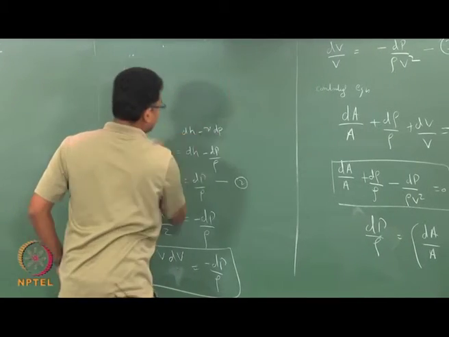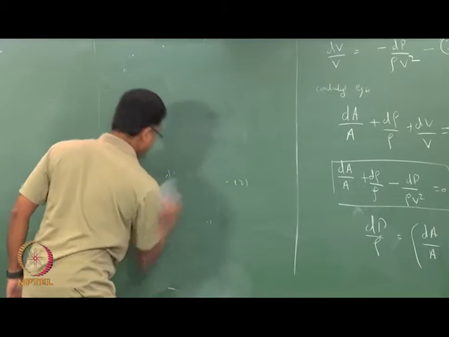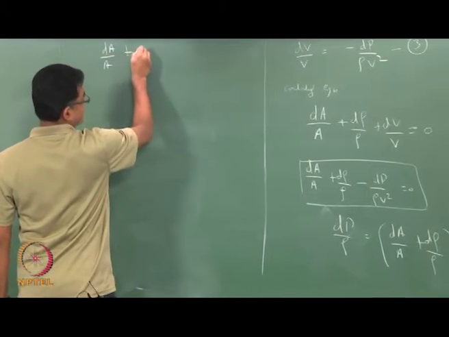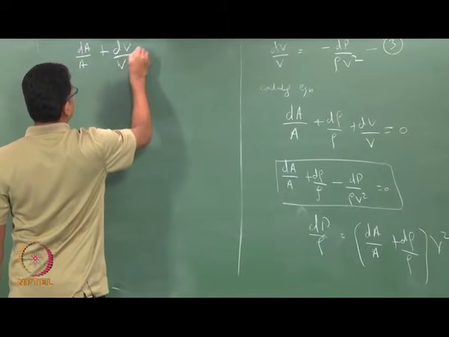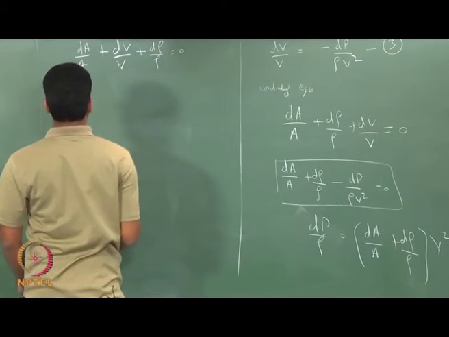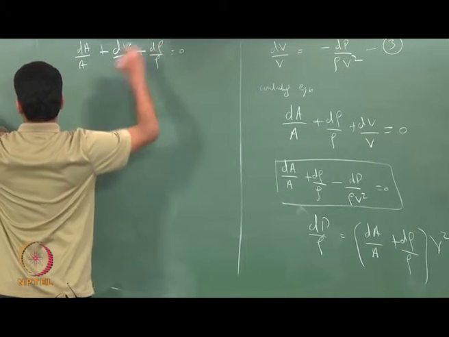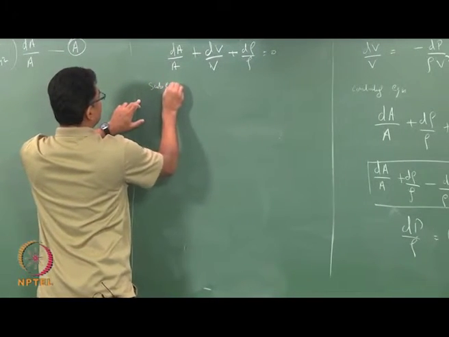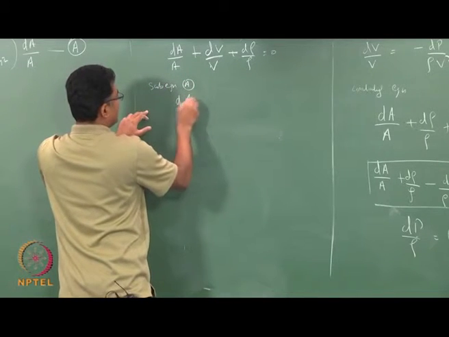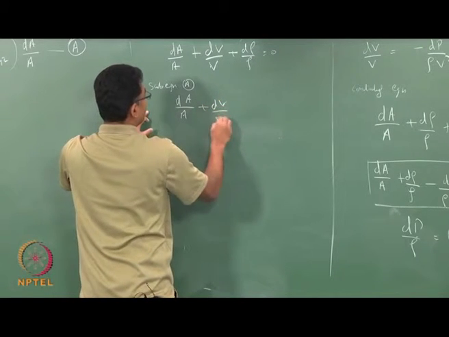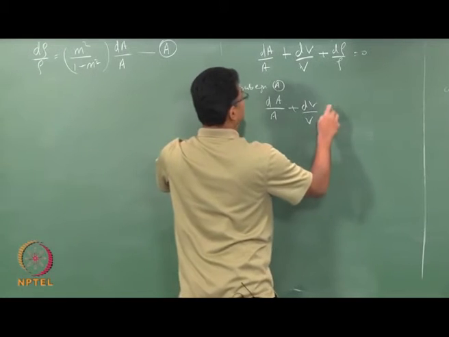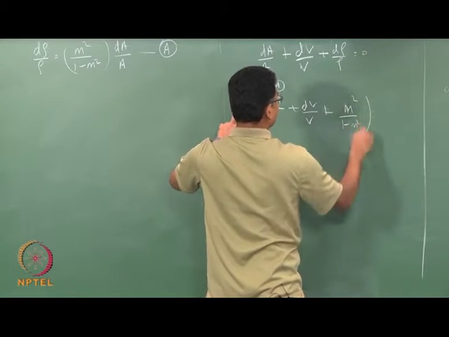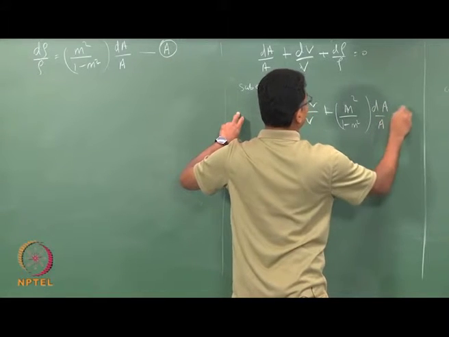So, I go back to the continuity equation: dA by A plus dV by V plus d rho by rho equals 0. d rho by rho is now replaced by this equation, which I now call equation A. Substituting equation A, I would get dA by A plus dV by V plus M square by 1 minus M square into dA by A equals 0.